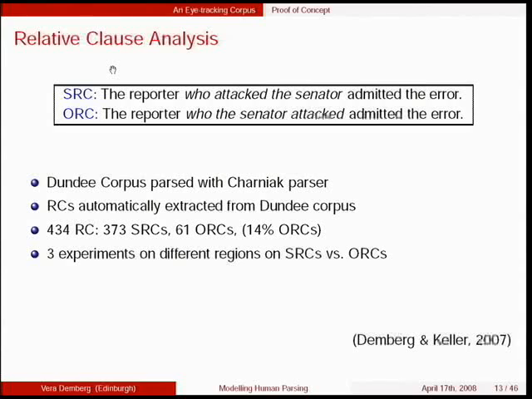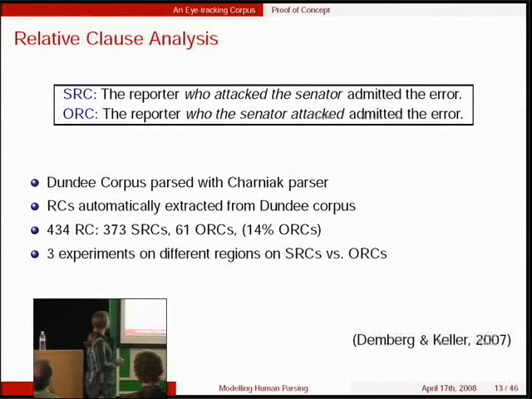So for the relative clause analysis, I used the Dundee Corpus and parsed it with the Charniak parser so that we know what the sentence structures in the corpus are. Then I automatically extracted the relative clauses from the Dundee Corpus, and I found that there were 434 relative clauses. 14% of them were object relative clauses, and most of them are subject relative clauses, but that's what you would expect.